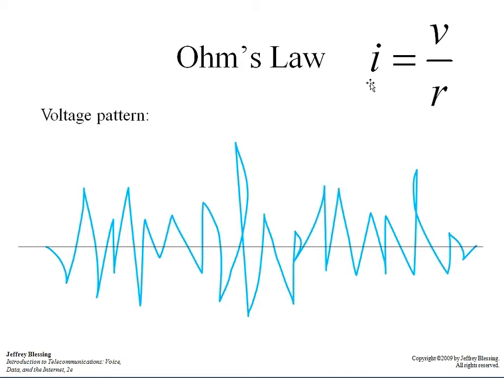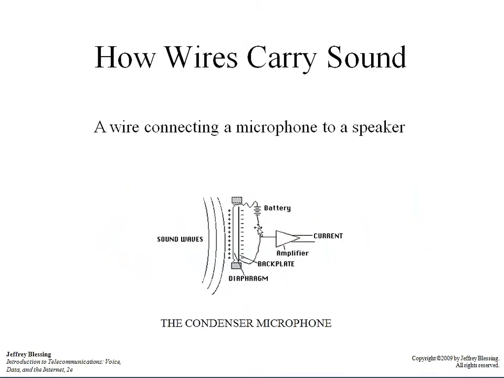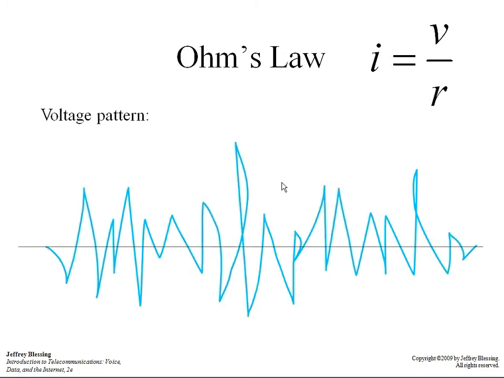It's a constant voltage source. It comes from a battery right here. So the current is going to stay the same. So if the carbon granules shifting change the resistance, the voltage has to change in the same manner. If the resistance goes down, the voltage has to go down. And if the resistance goes up, the voltage has to go up in order to keep in balance according to Ohm's law.